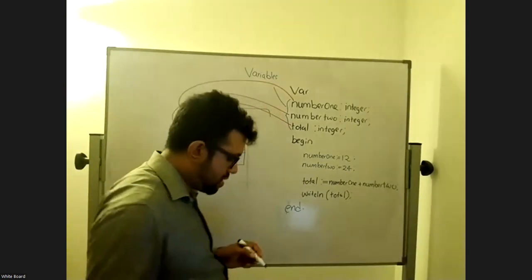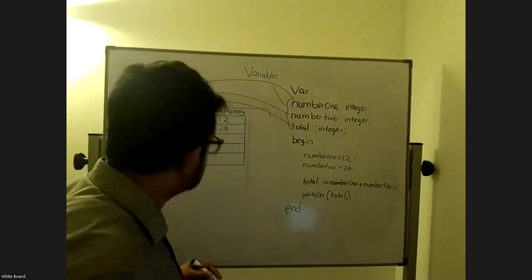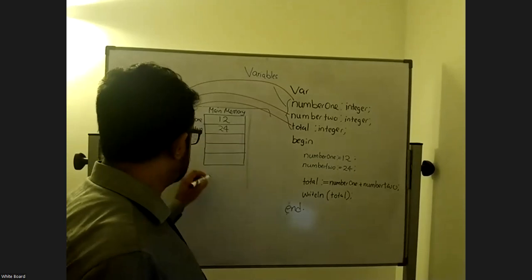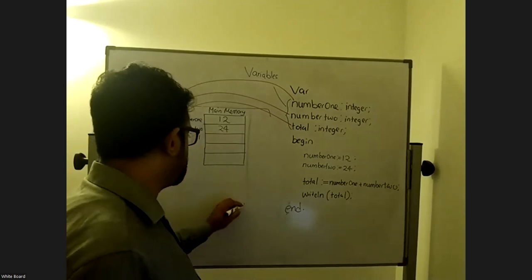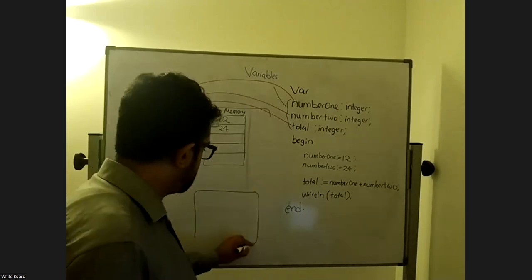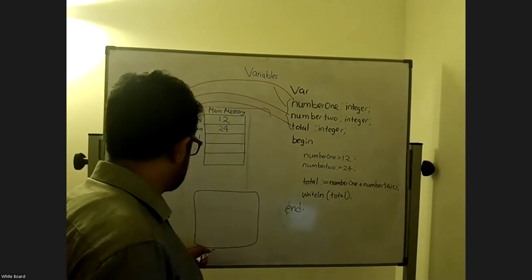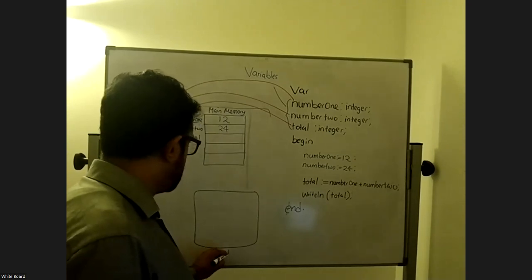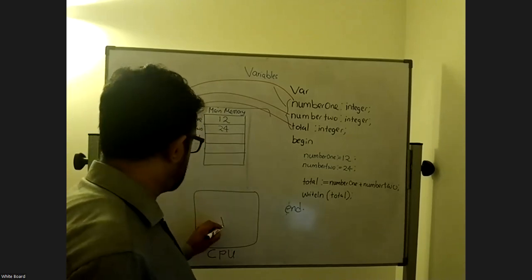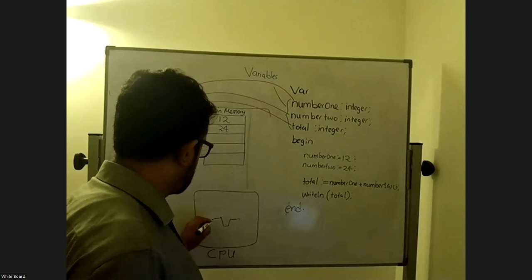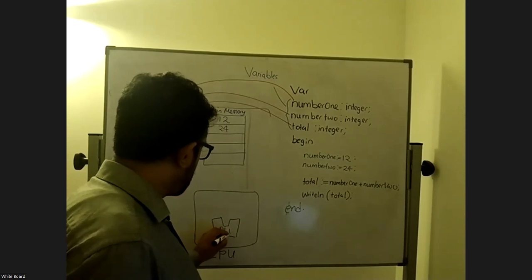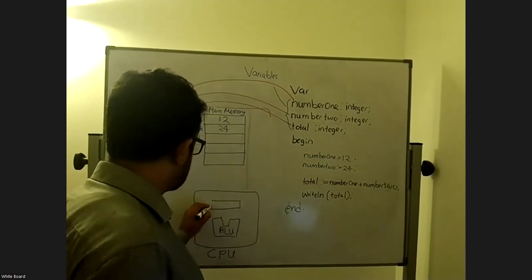But now, next thing. Afterwards, now these two should be added. So now these are sent to the CPU. This is the central processing unit. Inside this, we have the arithmetic and logic unit, ALU, and also the registers.